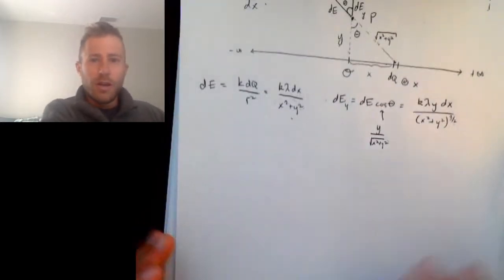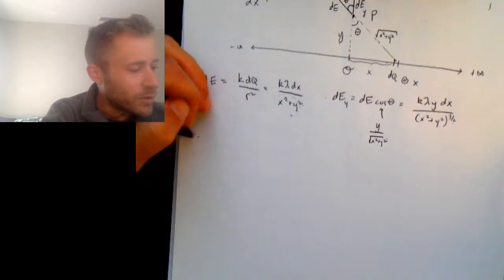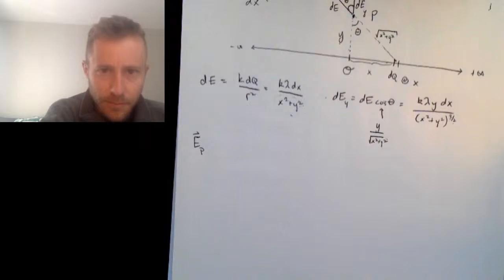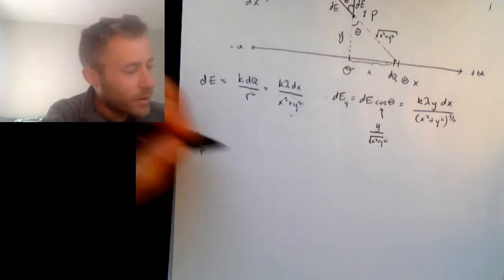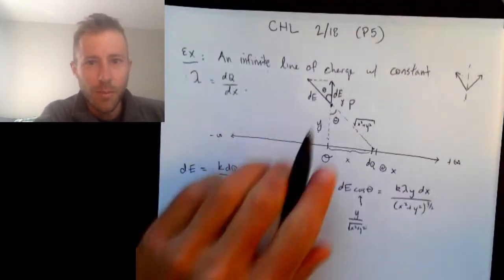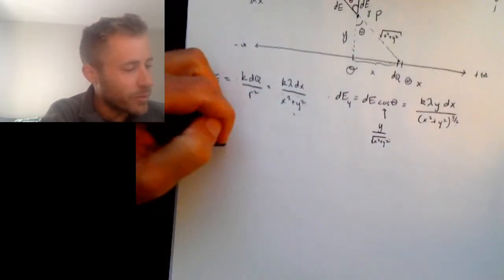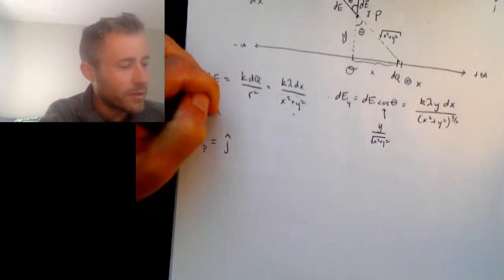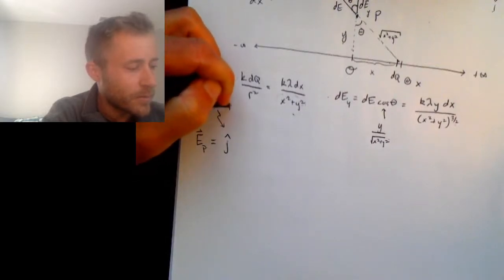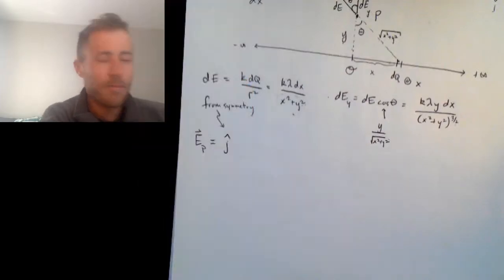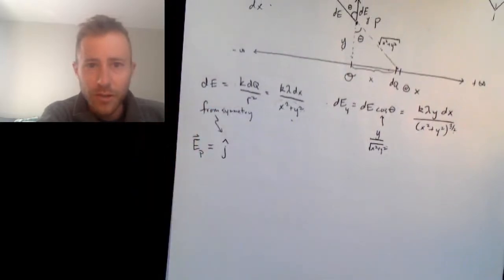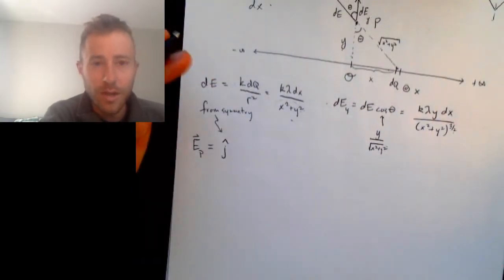So how are we going to compute the electric field at point P? Well, using symmetry, we already deduced that the electric field is going to point upward. So I know the electric field is going to point in the j direction, and this comes from symmetry. Since it points in the j direction, it doesn't make sense to do anything with the x component.